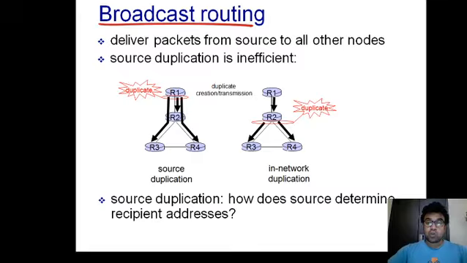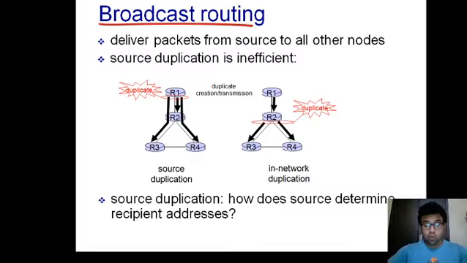That means not to all the nodes present in that network, but only a particular number of nodes which need that information, those who require that information. The information should reach only those nodes, not the other nodes in the network.